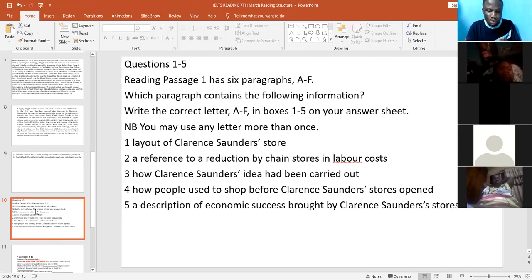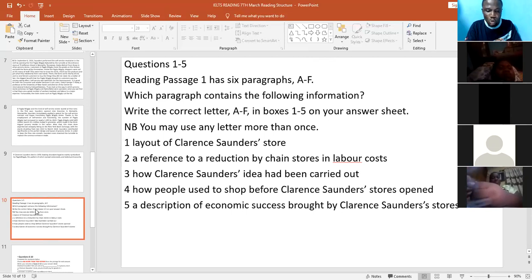A reference to reduction by chain store in labor costs? No, because at this point in time, it was still saying there were high costs of doing everything. How Clarence Saunders' idea has been carried out? None mentioned it, because it was only talking about his idea in the second paragraph.